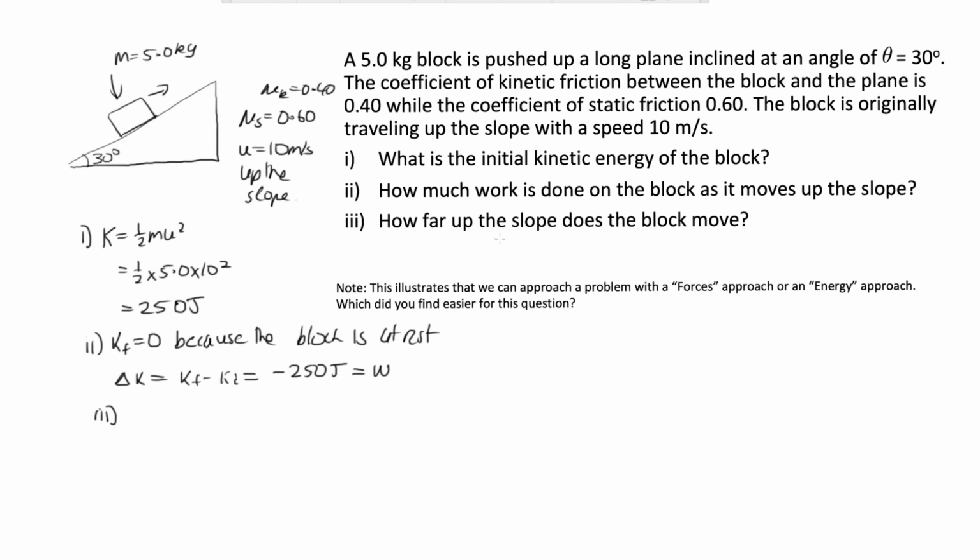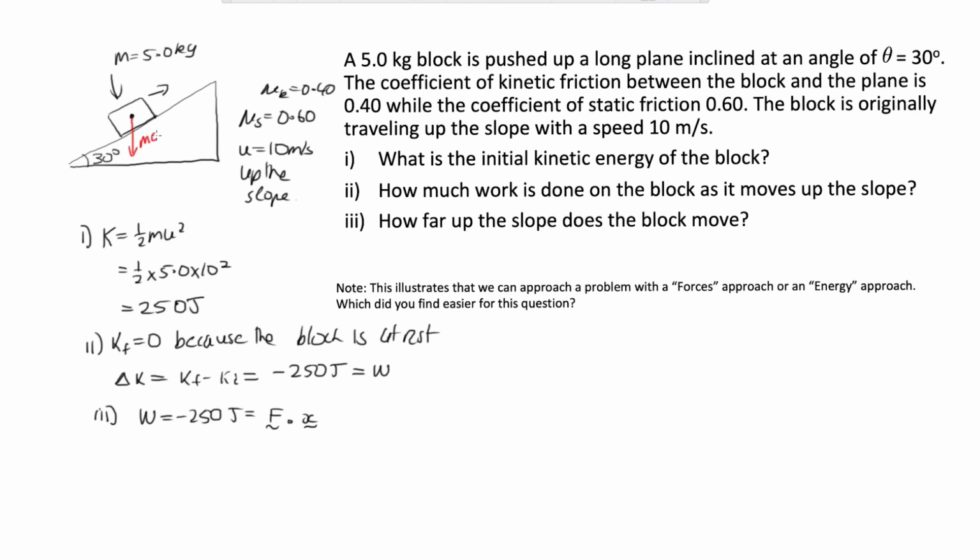Part 3, how far up the slope does the block move? Okay, so we know that the work done is equal to minus 250 joules, and we also know that that is equal to F dot x. Now to work this out, we need to know the total force which is acting, as this is the total force parallel to the slope if x is the distance up the slope. So let's draw all the forces which are acting on our block.